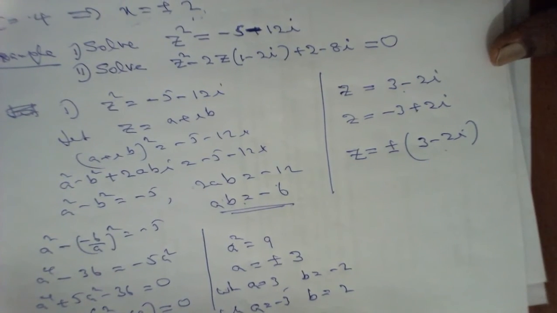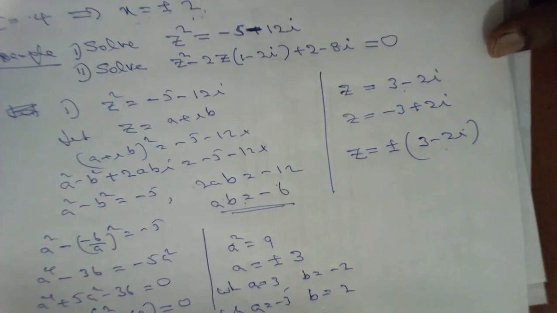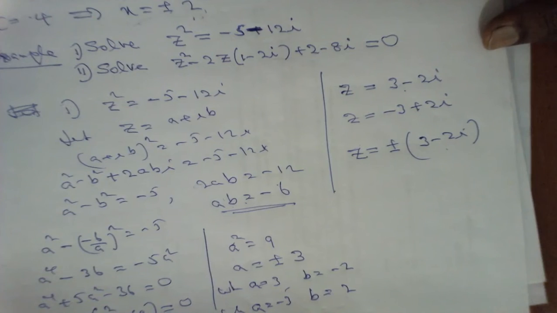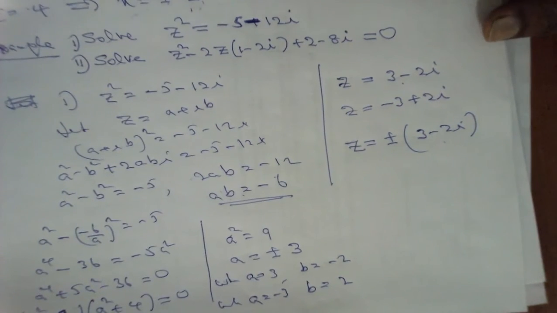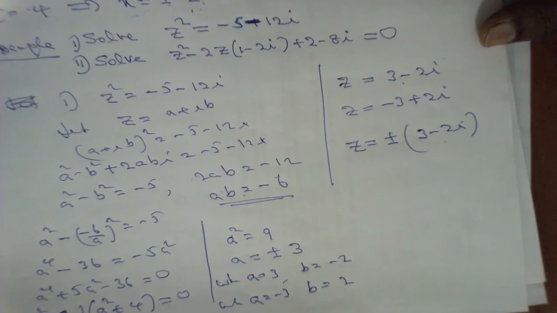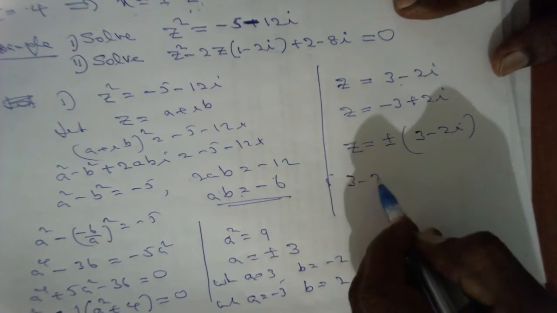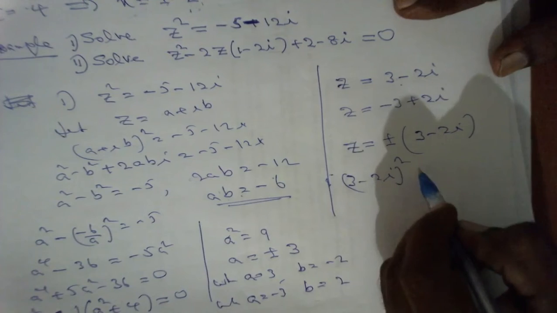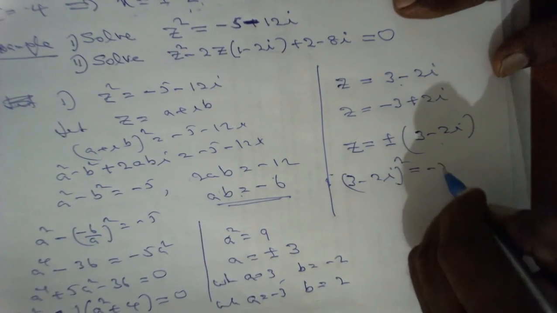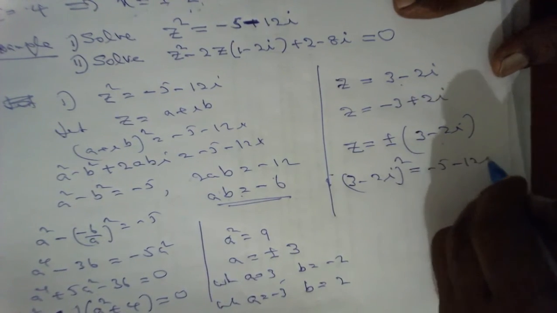Is it clear? Right. That means (3 minus 2i) whole thing squared, if you take this one, equals minus 5 minus 12i.